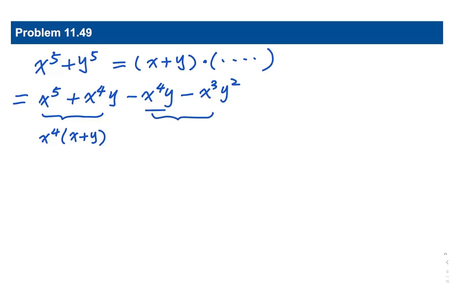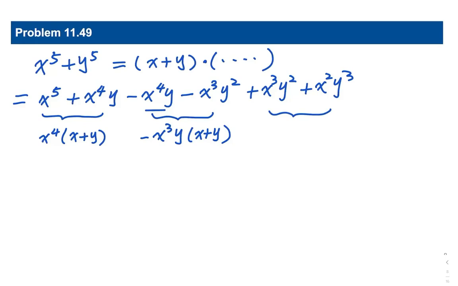So we get negative x cubed y, x plus y. Then we need to add back x cubed y squared. And then we add x squared y cubed. So this will give us x squared y squared, x plus y. But we don't need x squared y cubed, so we need to subtract it.